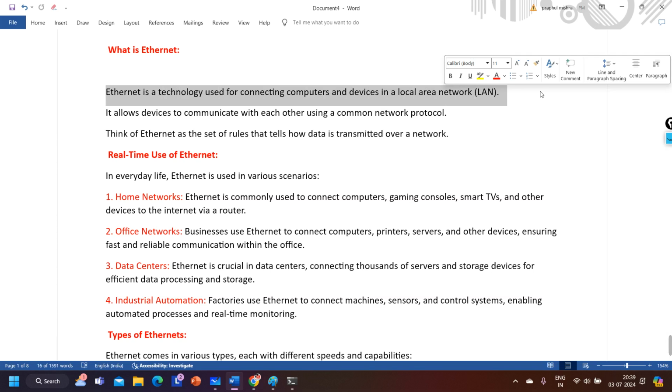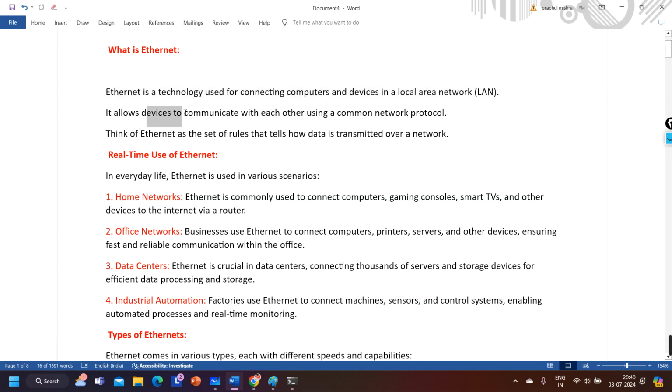Like multiple computers are connected with a switch, and that switch is connected with another switch. Again, on the other switch, we have lots of end devices: PCs, servers, IP phones, printers. It allows devices to communicate with each other using a common network protocol.